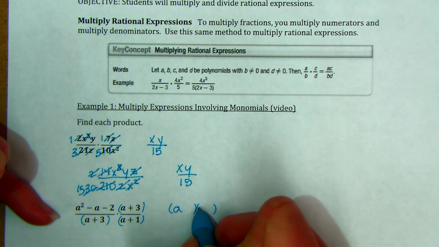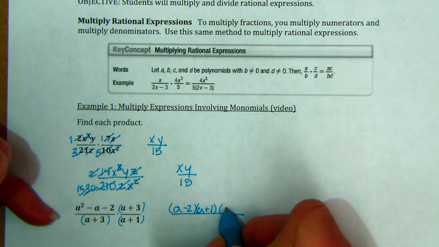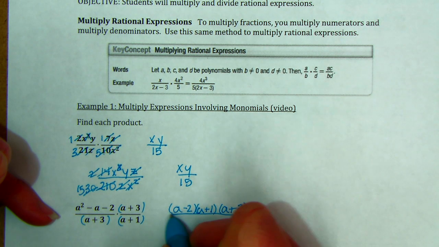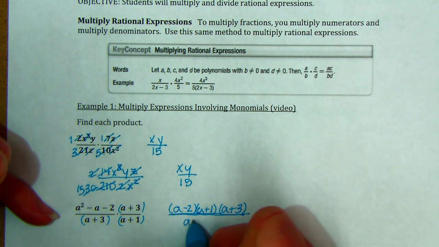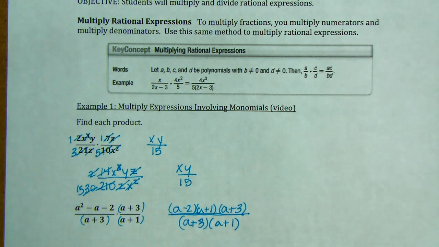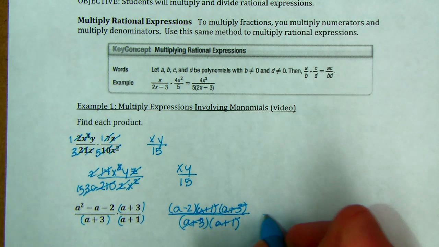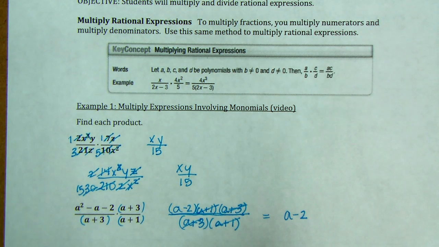And then I'm just going to add the others because when we multiply fractions, we multiply across, and a plus 1. And now check that out. We can cross reduce, and we are left with a simple a minus 2. And it is that easy. Yeah, right, that easy. As long as you can factor, life becomes easy.